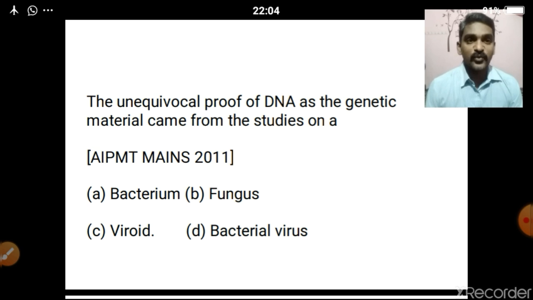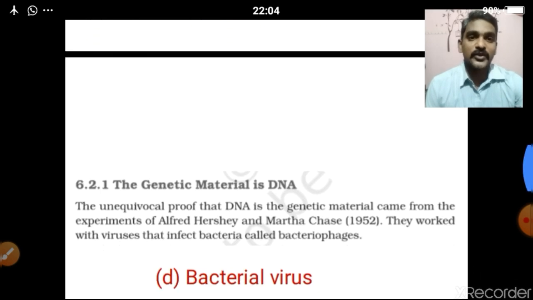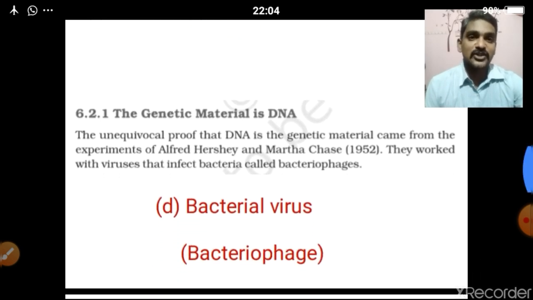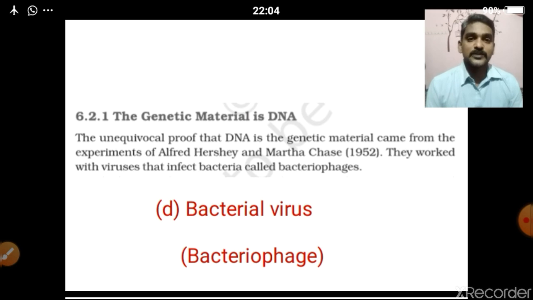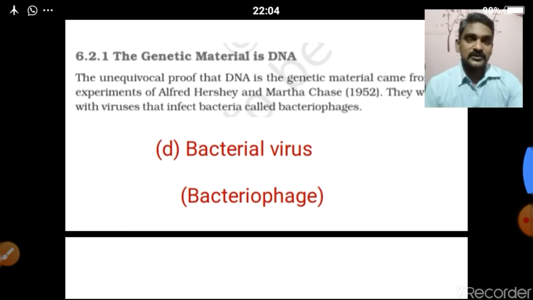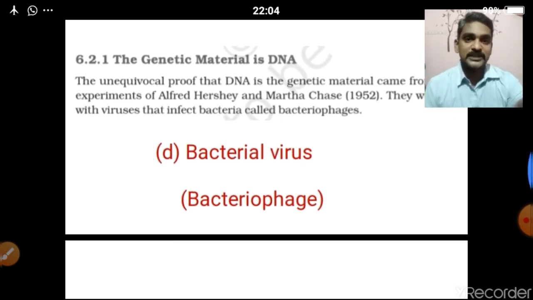So that proof was given by, based on which study they are asking. Whether it is bacterium, fungus, viroid, or bacterial virus they are asking. So it is a direct question from the NCERT book. You can see I have given the screenshot of 6.2.1, that is, genetic material is DNA, in the 6th chapter. Here you can see in which organism they have performed the experiment.